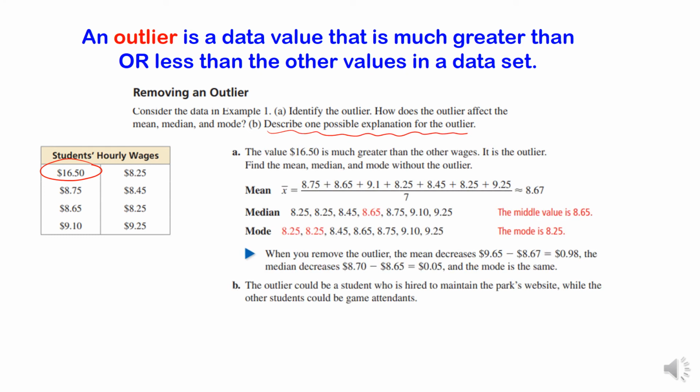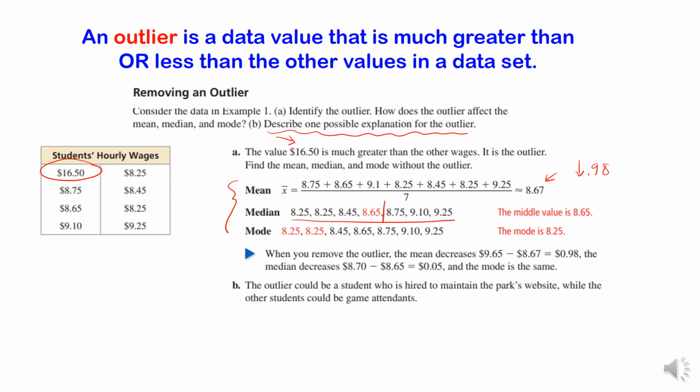So the first thing we do is we identify the outlier. Then we remove the outlier and recalculate the mean, median, and mode. So you can see that the mean went down by 98%. And that put it right here in the line of the data, much closer to the center of the data now.